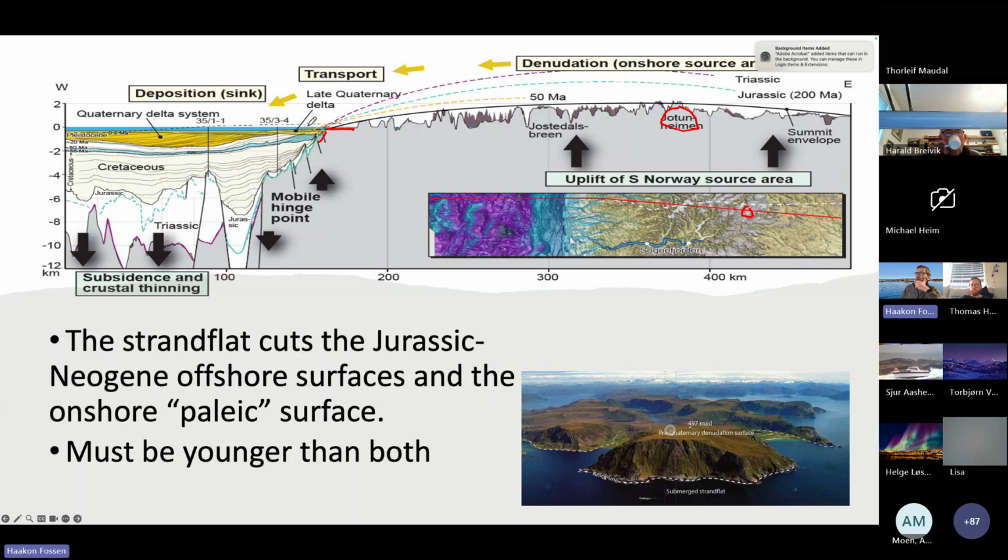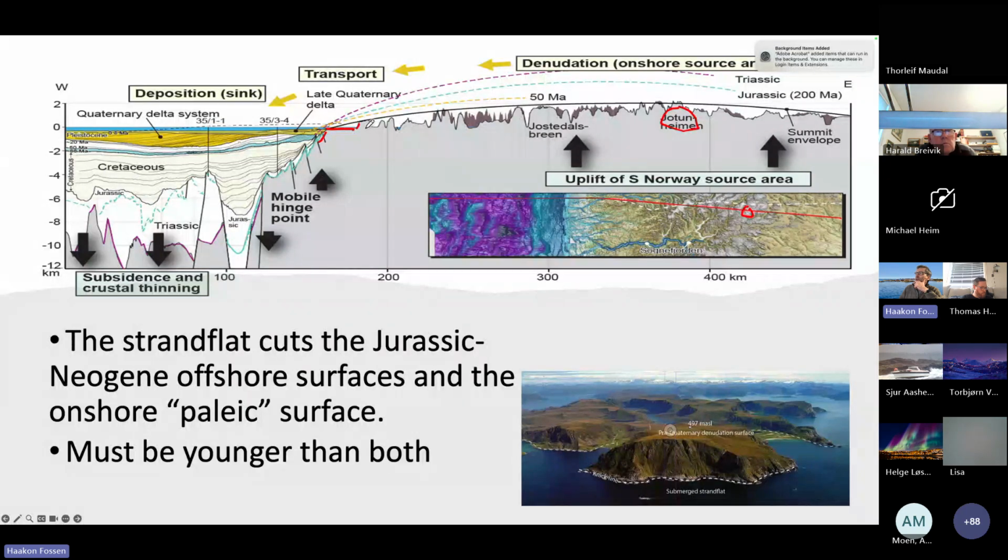So it's definitely a superimposed surface, cutting the offshore pre-Quaternary layers, and also cutting into what's called the paleic surface. The surface that people have been talking about for a long time, that you can see if you connect all the often flat peaks or highlands of the country, and you can draw a surface like this.